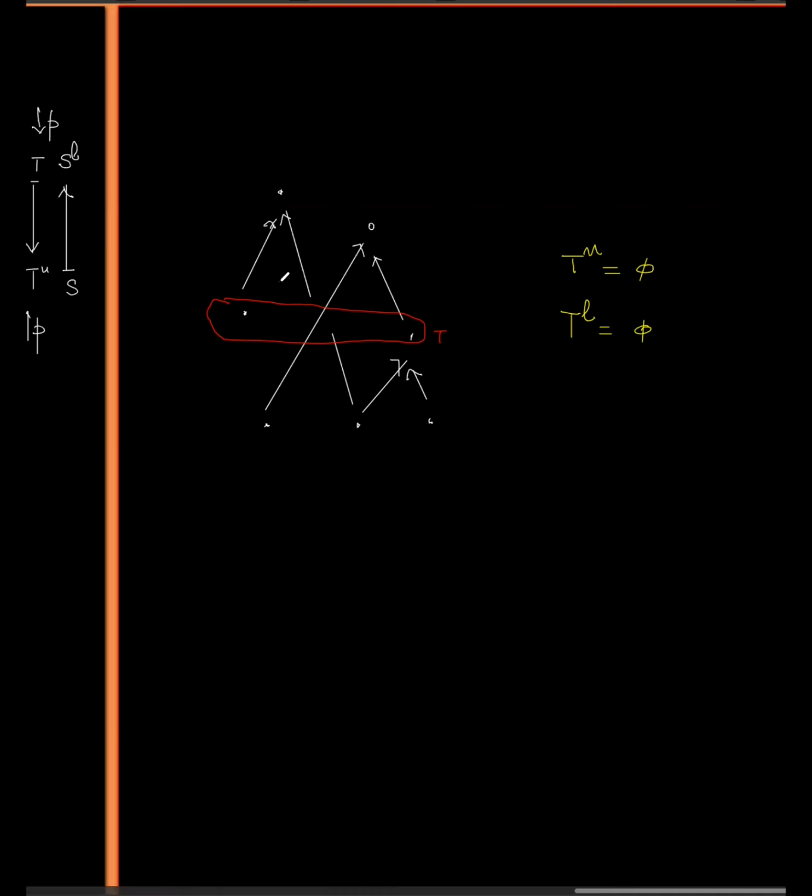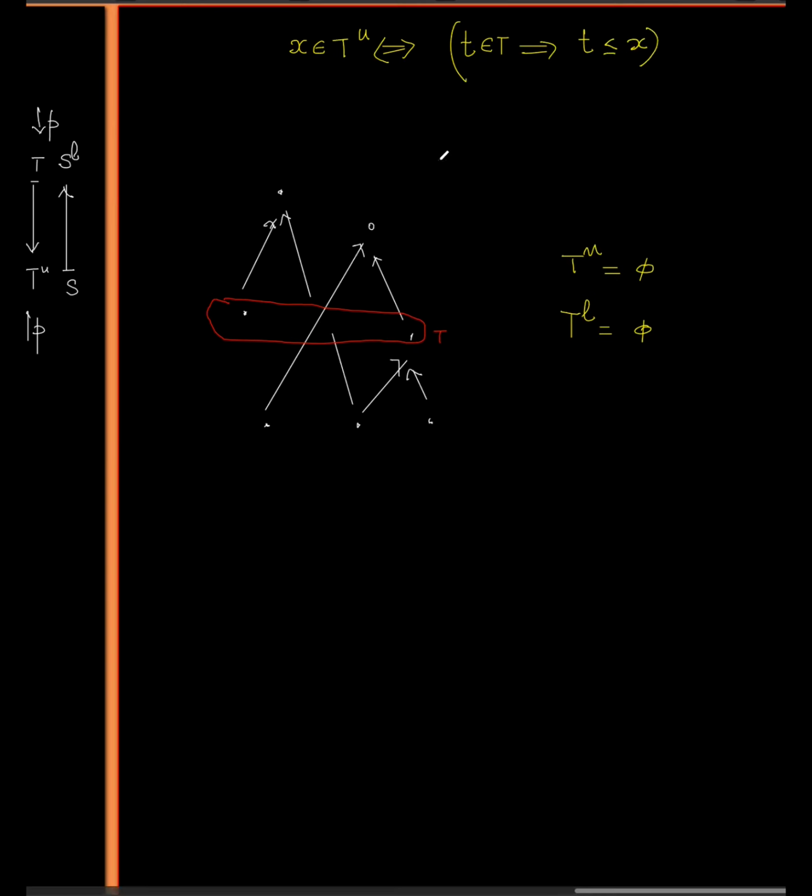Whereas now what is the set of upper bounds of the empty set? So what does this mean? Okay, so let's rewrite this. X is in T^u if and only if, the moment you take a t from T, you must have X to be larger than that.